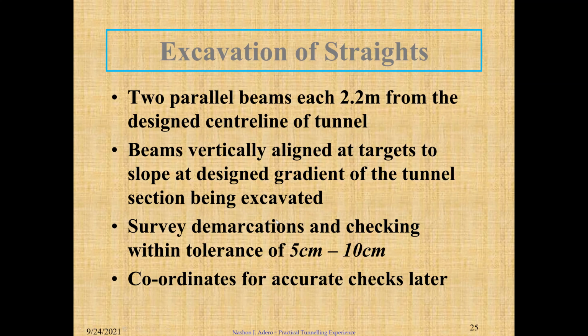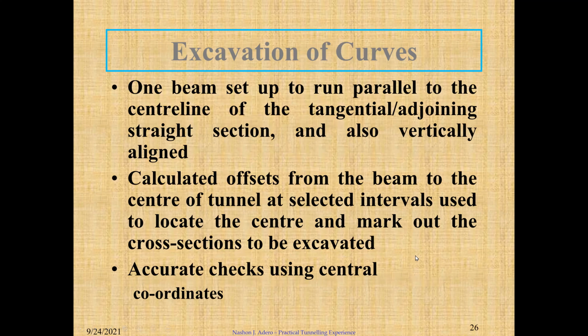So what we are saying here is that during excavation, you can allow this plus minus 5 to 10 centimeters because it is excavation, but during final finishing works, we don't talk of centimeter allowances, it is millimeter. You have to be accurate within millimeter.